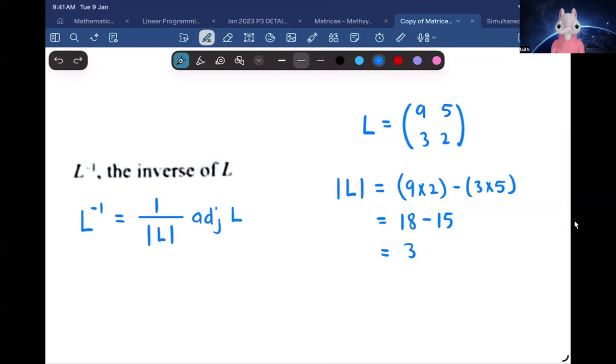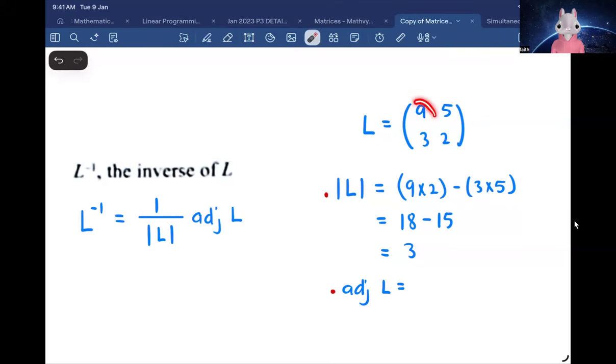Now we need to find the adjoint. You remember how to find the adjoint of a 2 by 2 matrix? No. When you find any adjoint, you swap the first diagonal, and for the other diagonal, you change the signs.